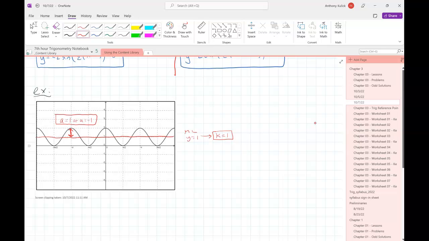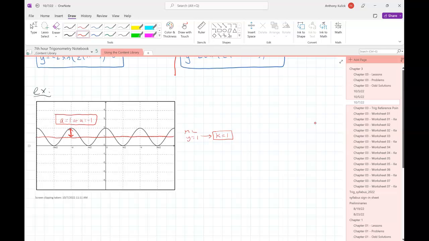Third thing we find is the period. How long is the period here? I like to go from either max to max or min to min in a problem like this where I have lots of periods, because I'm not going to goof that up.